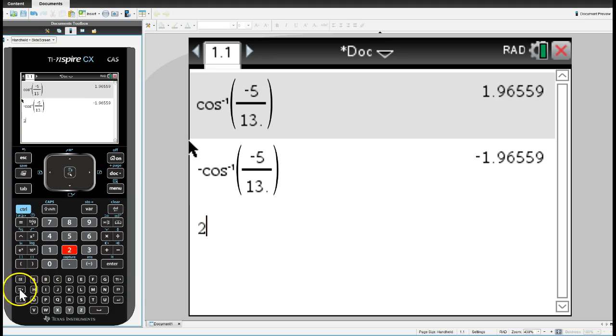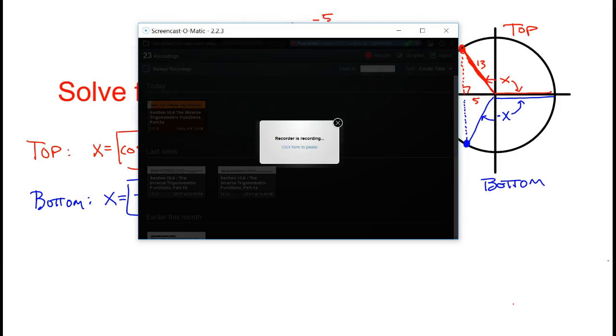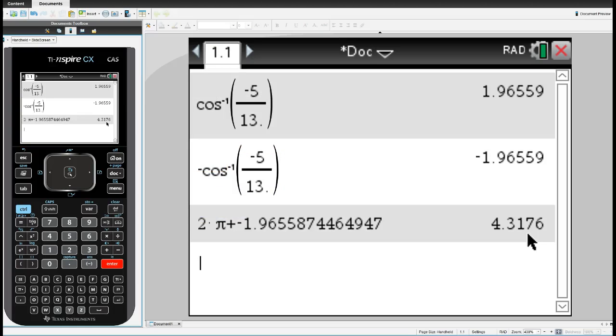So let me take 2 pi and add this value. I get 4.3176, and that is my final answer.